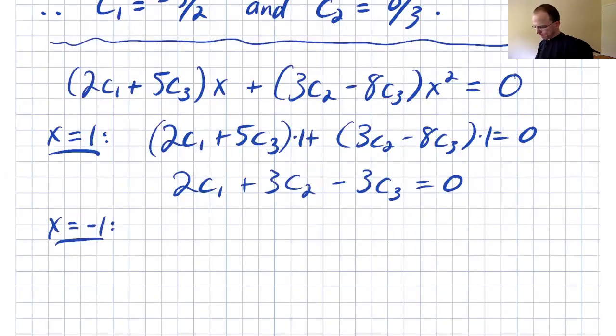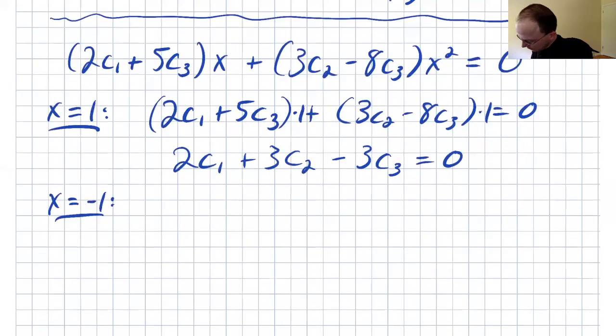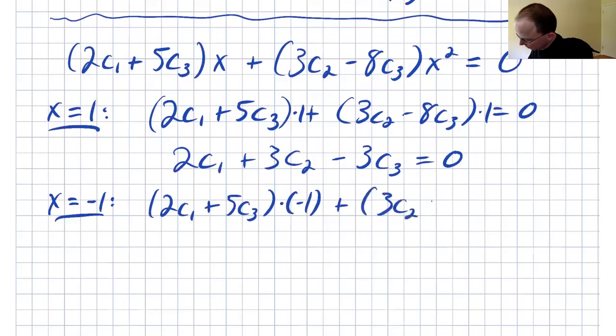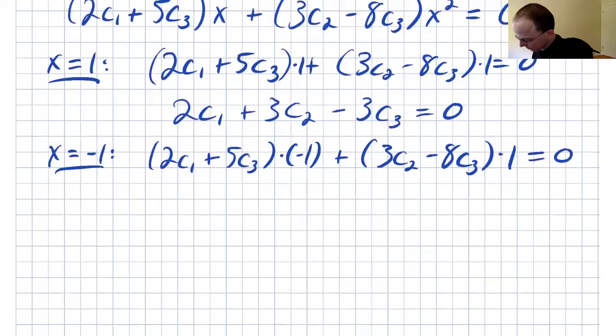So minus 1. We'll get 2c1 plus 5c3 times minus 1, plus 3c2 minus 8c3 times 1, since minus 1 squared is 1, and that equals 0. Oh, whoops, I made a mistake there.